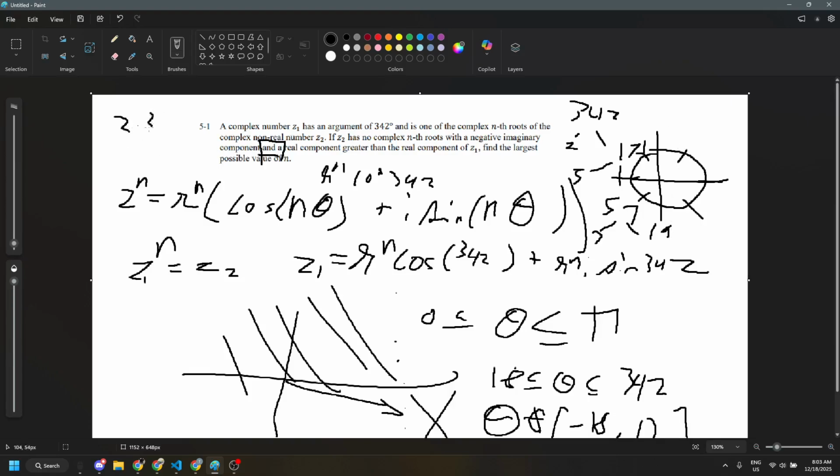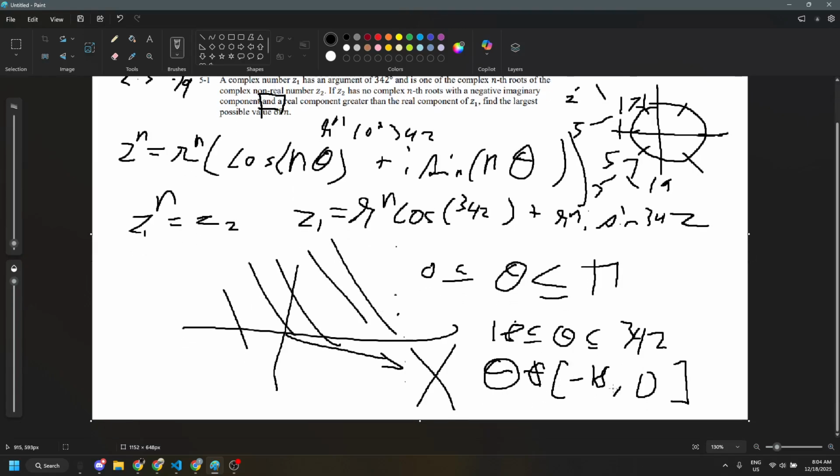So 342 is 2 times 3 squared times 19. So maybe we can use that because it's n theta. I'm going to say 19 because then it could skip over this. 19 is my answer. I really don't know though.